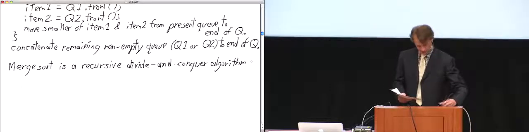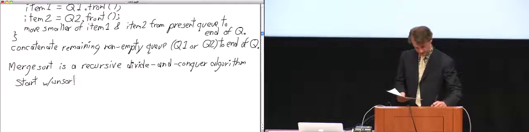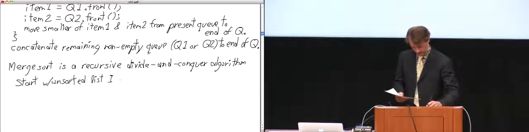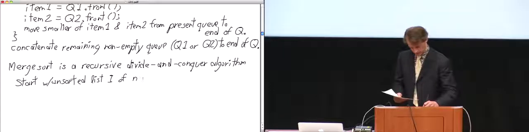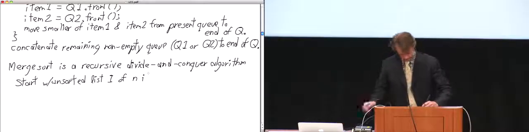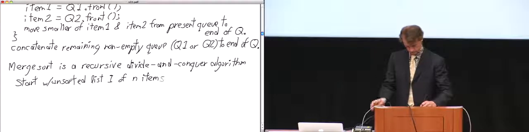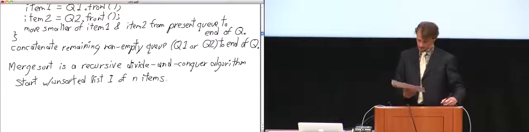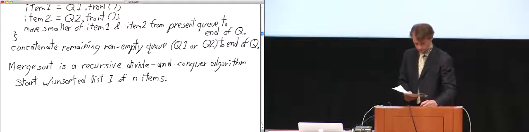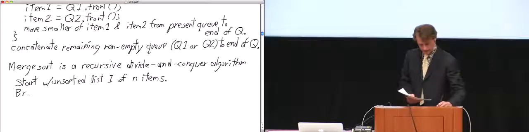So here's the actual algorithm. We start with an unsorted list called I, for input, of n items that we want to sort. We're going to break I into two halves.